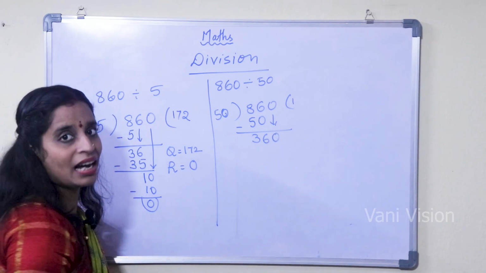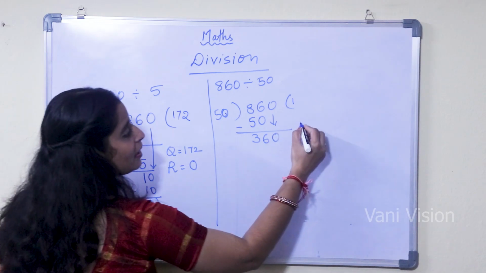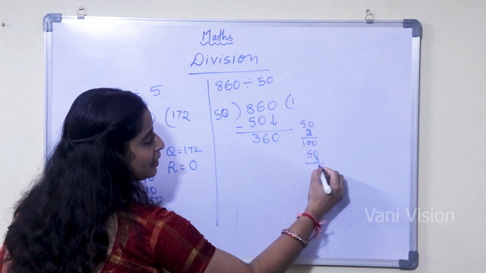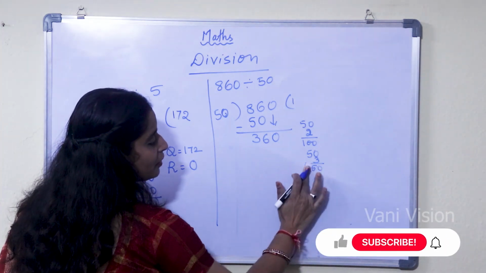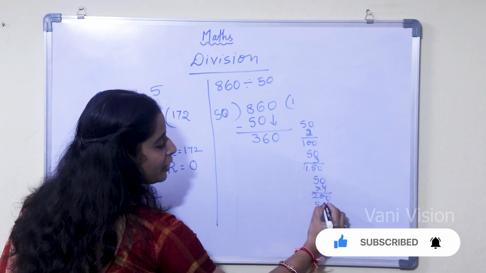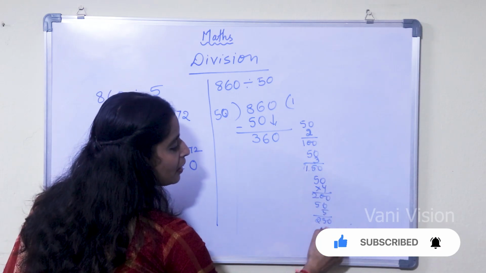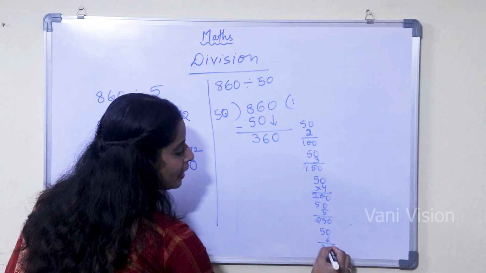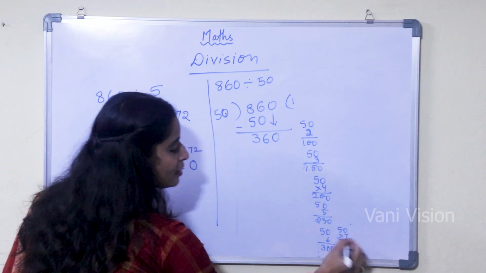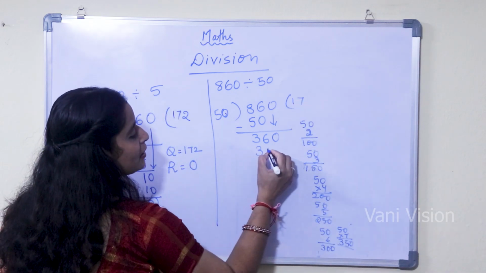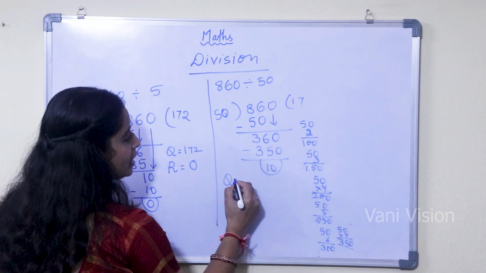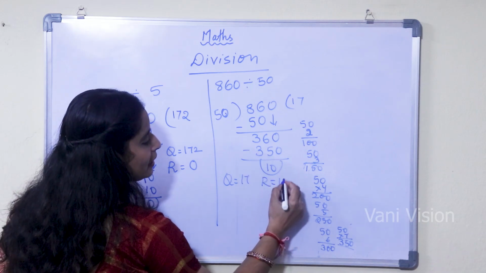You should know the 50 table: 50 ones are 50, 50 twos are 100, 50 threes are 150, 50 fours are 200, 50 fives are 250, 50 sixes are 300, 50 sevens are 350. So we go for 7. Then our remainder is 10. So quotient is 17, remainder is 10.